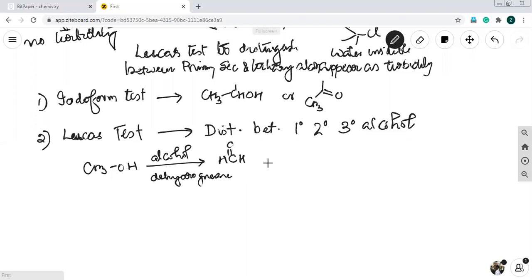And remember, this will be further oxidized into formic acid. Okay, both of them, formaldehyde as well as formic acid, are very toxic.